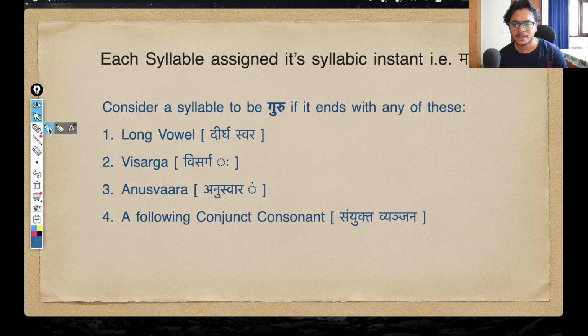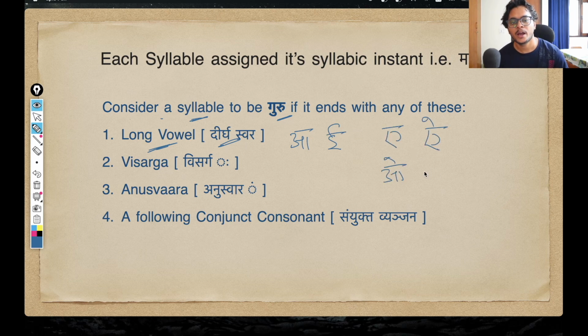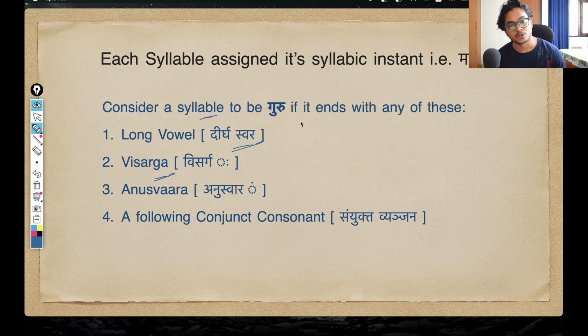There is a list: we consider a syllable to be guru if it ends with a long vowel, a dirgha swara. And the dirgha swaras do not include just a, i, and so on; they also include e, ai, o, and au. All these 4 diphthongs also come under long vowels. So any syllable ending with a long vowel is obviously guru. If it ends with a visarga, it is guru.